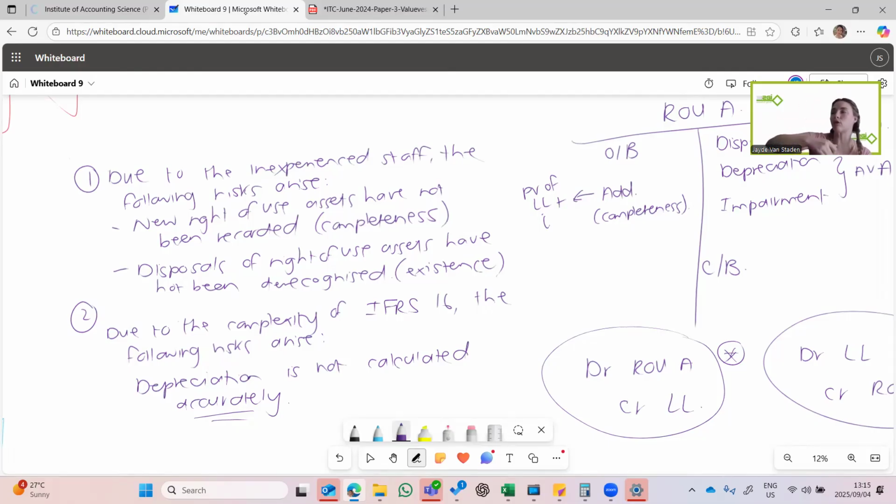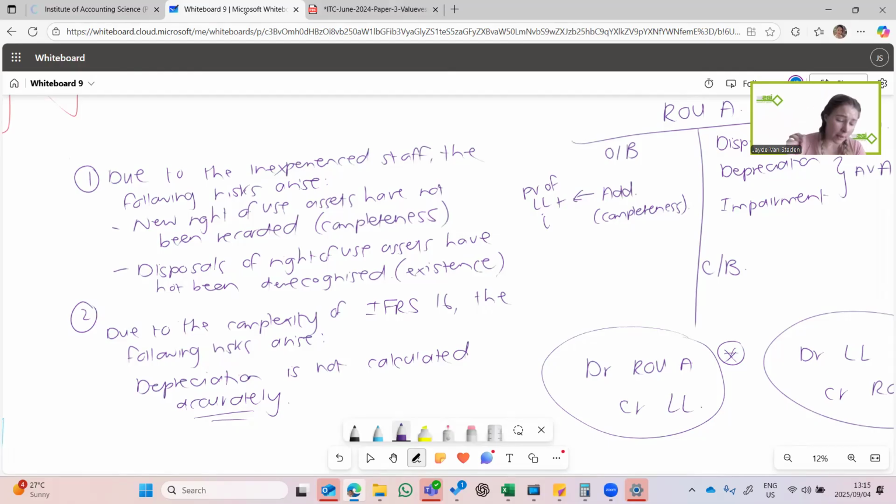Because if they have incorrectly assessed that it does not contain a lease when it should contain a lease, then the right of use asset is going to be incomplete. Similarly, if they conclude that it does contain a lease when it actually doesn't, then the right of use asset does not exist and we do not have the rights to it.